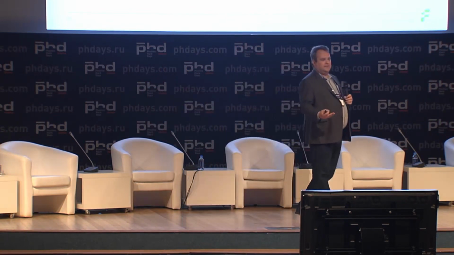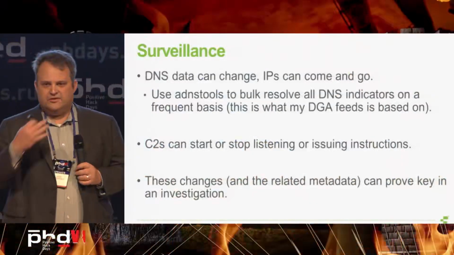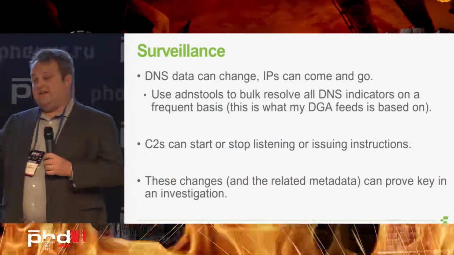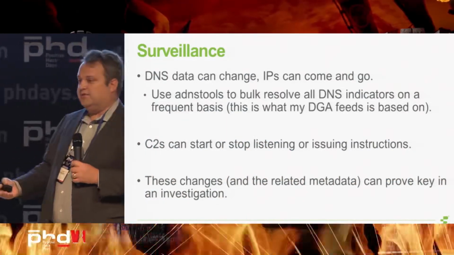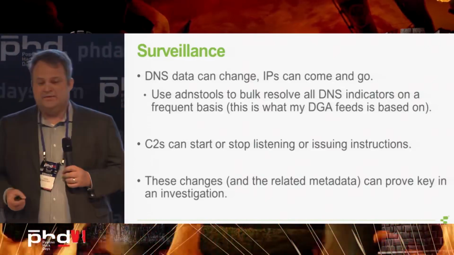Some other things that redundancy provides you some ability to do is surveillance, right? With a static indicator, I mean, yeah, you can surveil it, but it's either up or down. There's no changes to keep track of, right? That being said, DNS data can change, right? If you control a DNS server, you can move IP addresses at will at any time you really want to, right?